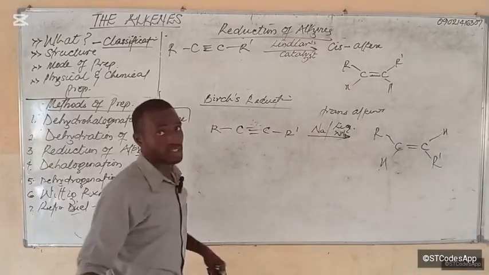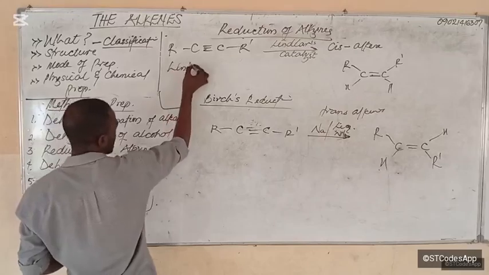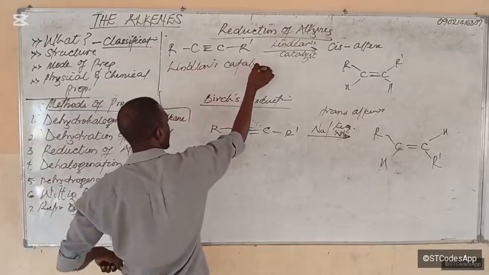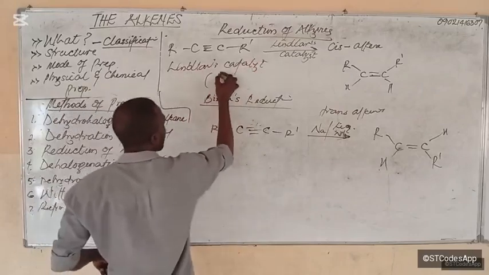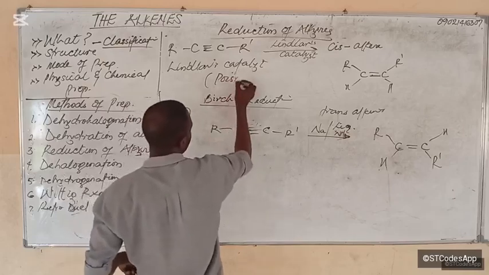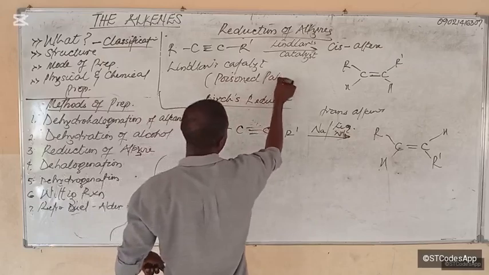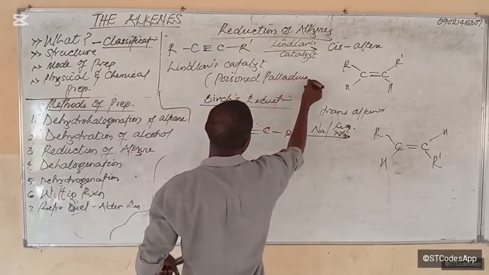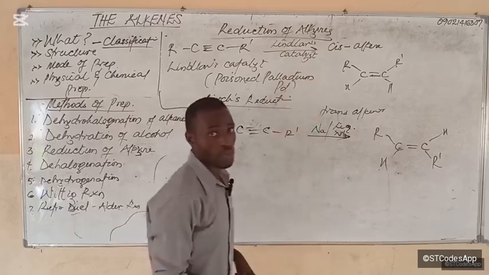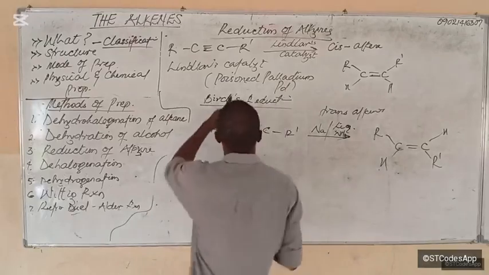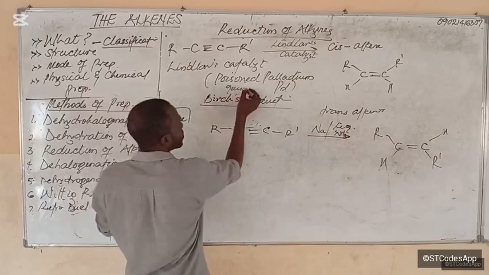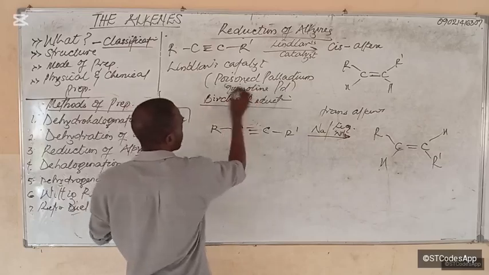Now, the other thing you should know is the Lindlar's catalyst itself. Lindlar's catalyst is basically comprised of poisoned palladium. How do you spell palladium? Pd, yeah? Okay, poisoned palladium. And what does poisoned palladium mean? Palladium that has been immersed in quinoline. That's why we say it's poisoned.